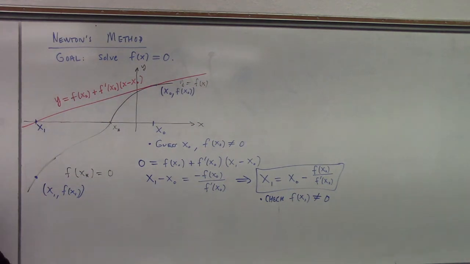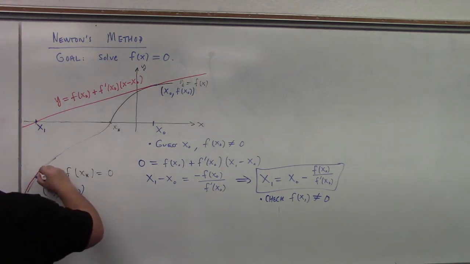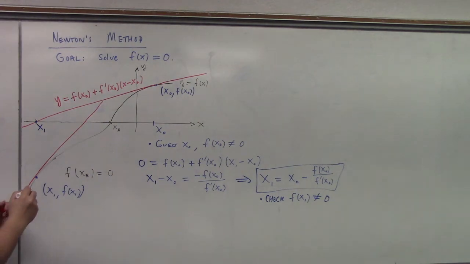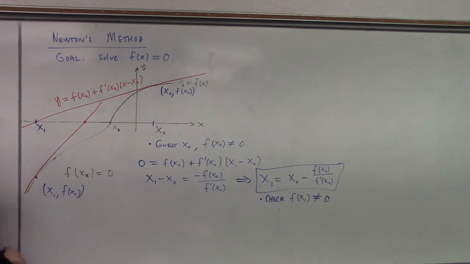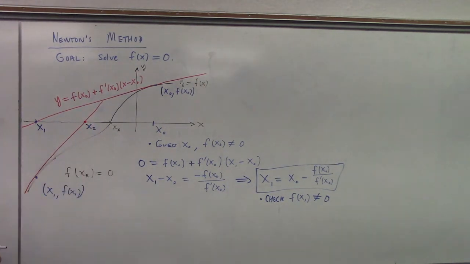And next up, I do the tangent line again. Like that, right? And that's going to define another point, which we'll call x2. x2 is where the tangent line to the function at x1 crosses the x-axis, right?